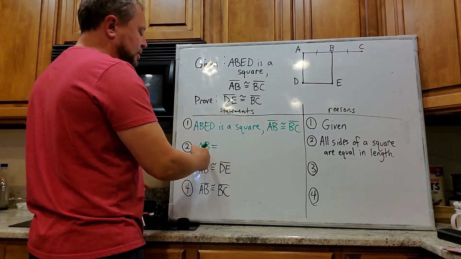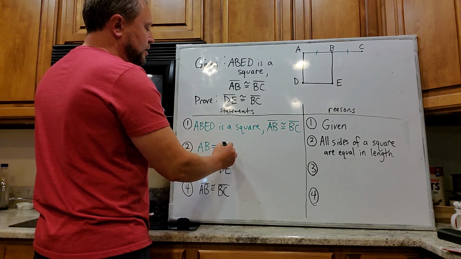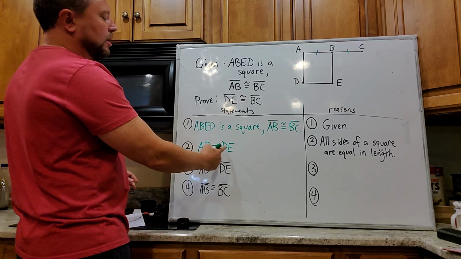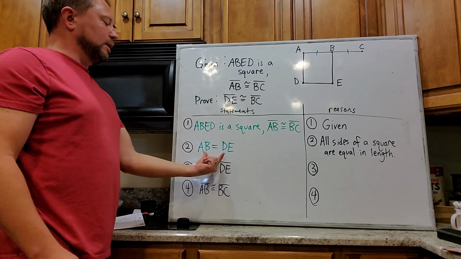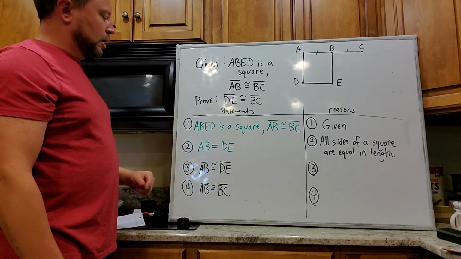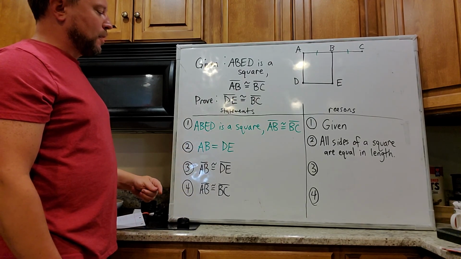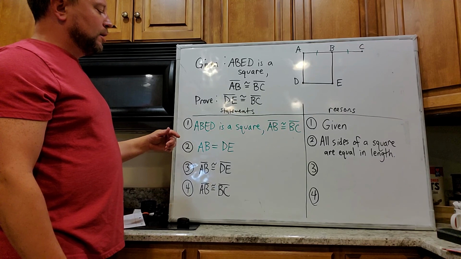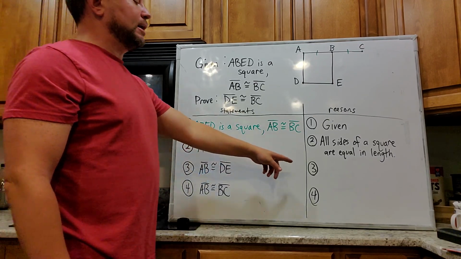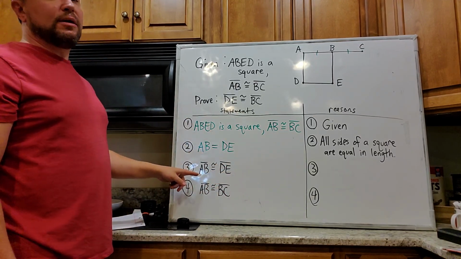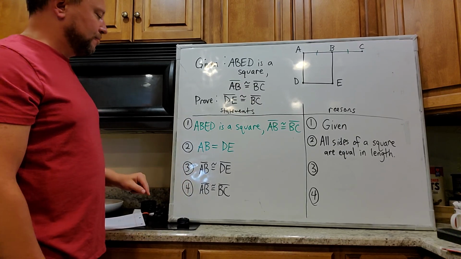So I'm going to say that side AB and side DE are equal in measure or length. That's different than this one. See, the notation's a little different. But it will help lead into our next step if I recognize that's the route they were going.